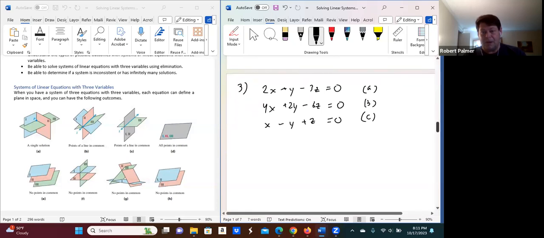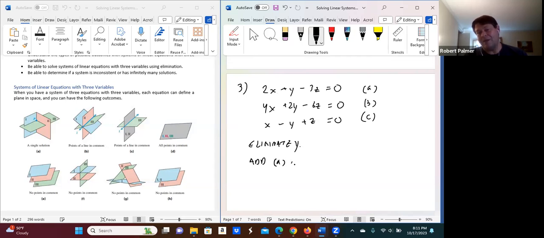Okay, now let's pick one to eliminate. It doesn't matter. Let's eliminate y this time. So to do that, let's add equations A and B, the first two.